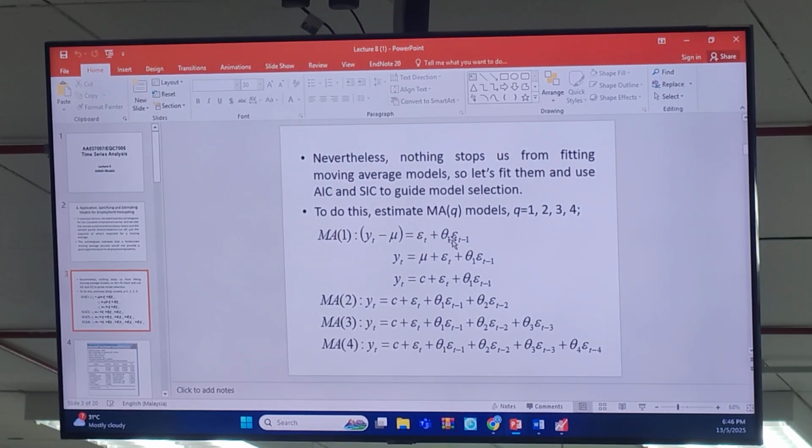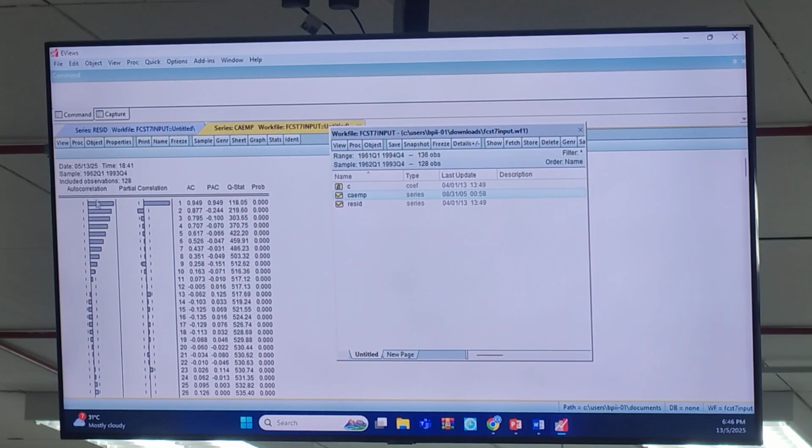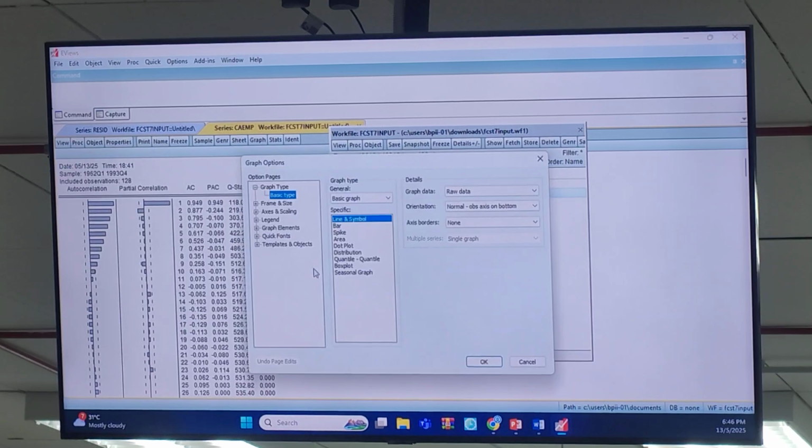So to do this estimate, let's say we decide we don't want more than order 4. So we estimate MA1, MA2, MA3, MA4. Just now we inspected the graph.